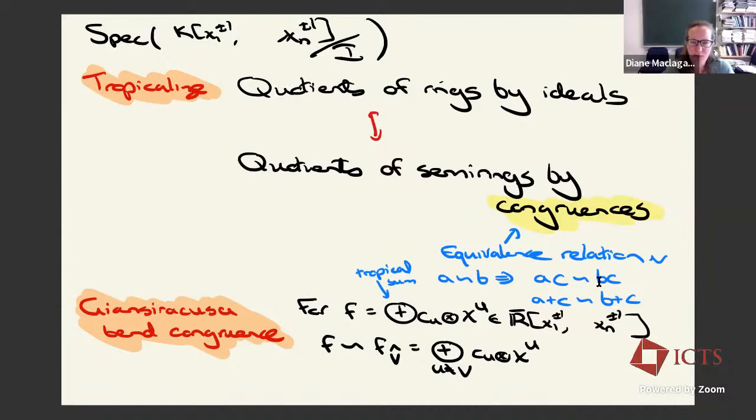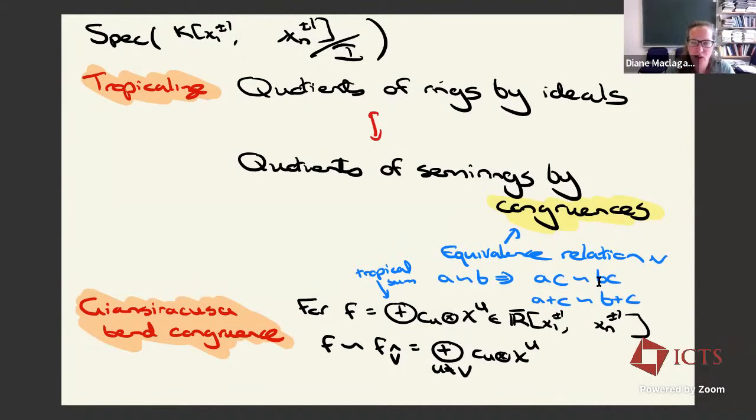So these are equivalence relations on the semi-ring that are compatible with addition and multiplication. So if A is congruent to B, that means A times C is congruent to B times C, and A plus C is congruent to B plus C for any A, B, and C in my semi-ring. And the reason we want this is that this is what we can take a quotient by. What you're doing is you're remembering in your homomorphism which things are identified.